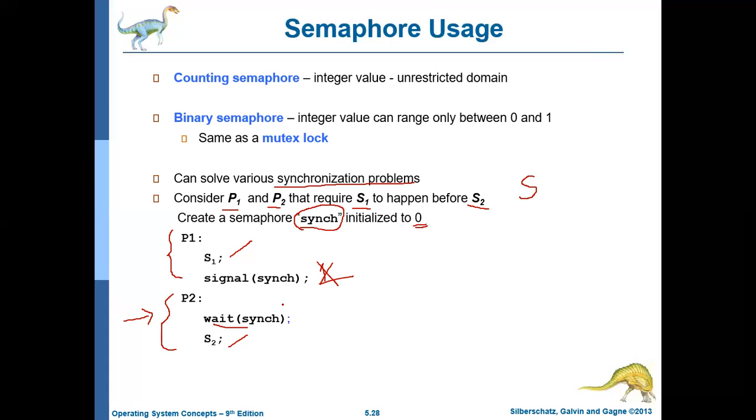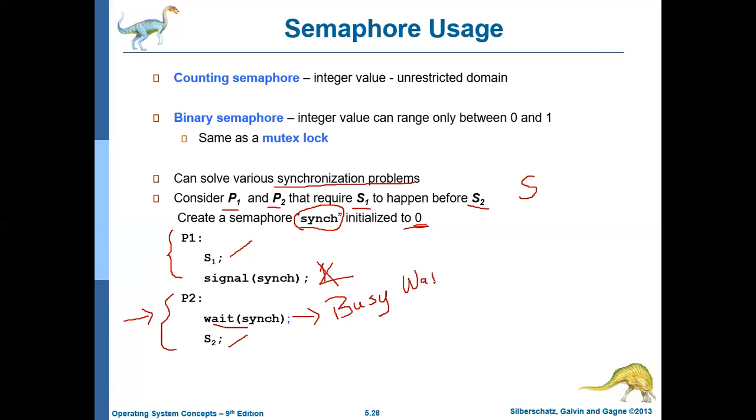It checks whether sync is less than or equal to 0. If sync is less than or equal to 0, it will do busy wait. So as sync is equal to 0, here P2 will do busy wait or perform spin lock. That is, it won't continue beyond this statement. It will just spin here and keep checking the sync value, whether it is becoming 1 or not. So until then, it will be busy waiting.